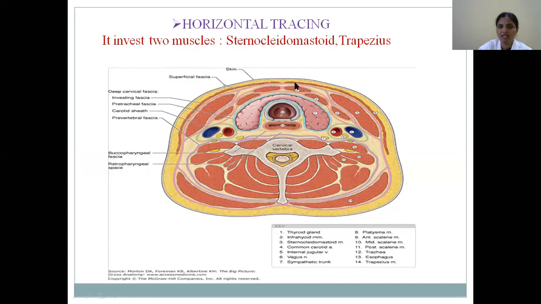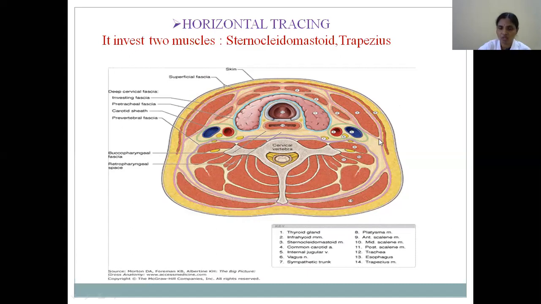From the midline to the anterior border of the sternocleidomastoid, it forms the roof of the anterior triangle. And at the anterior border of the sternocleidomastoid, it splits, enclosing the sternocleidomastoid, so investing this muscle.